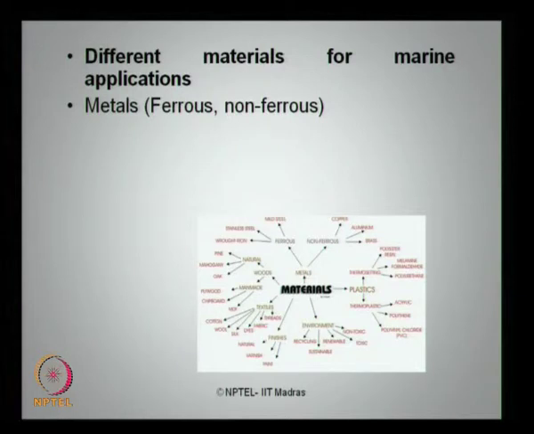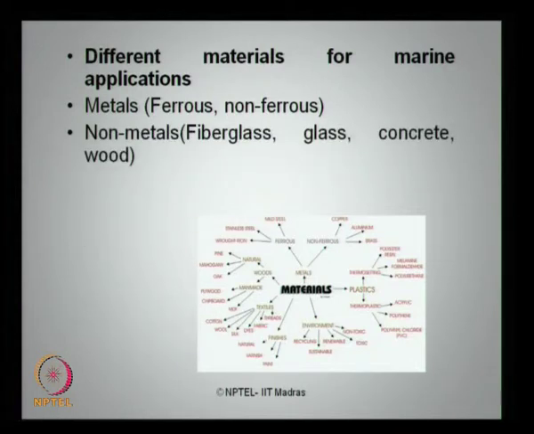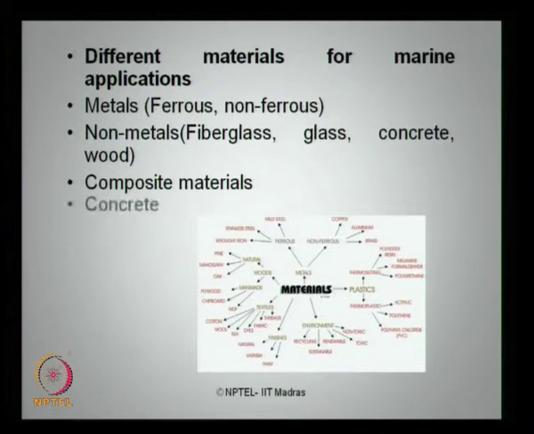Different materials have chances of getting applied for marine application. There can be ferrous and non-ferrous metals. You can have non-metals like fiberglass, glass, concrete and wood, which find application in marine environment. You can also have composites, which are fast being used in marine application. Of course, concrete can never be ignored as one of the primary materials for construction of ocean structures.